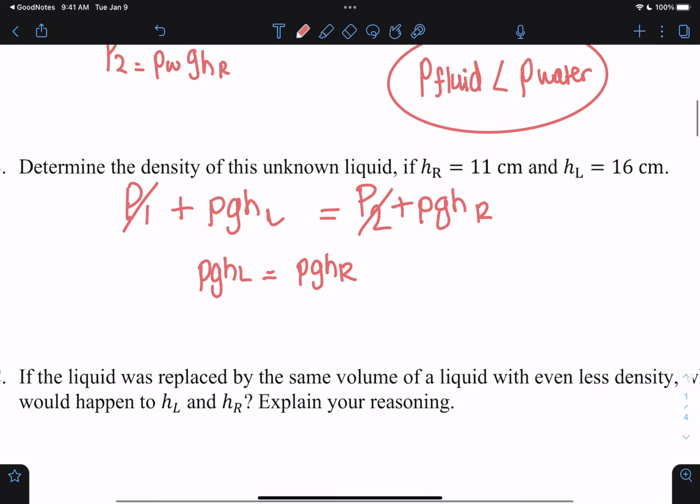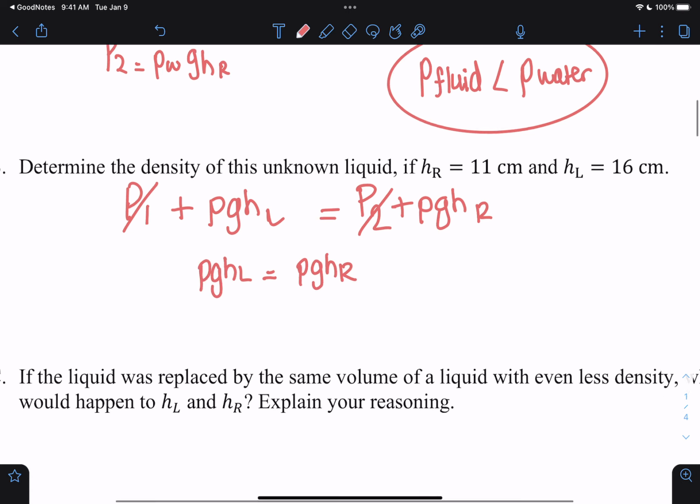Then we multiply by the acceleration due to gravity, which is 10 meters per second squared, and then times HR, which is 11 centimeters. We convert that to meters so that we have SI units, and that's 0.11 meters.